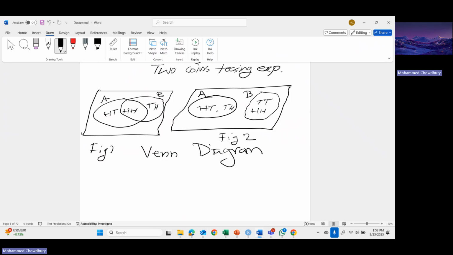You said in both cases, events A and B are independent. Okay, I got two answers. What would be your opinion?